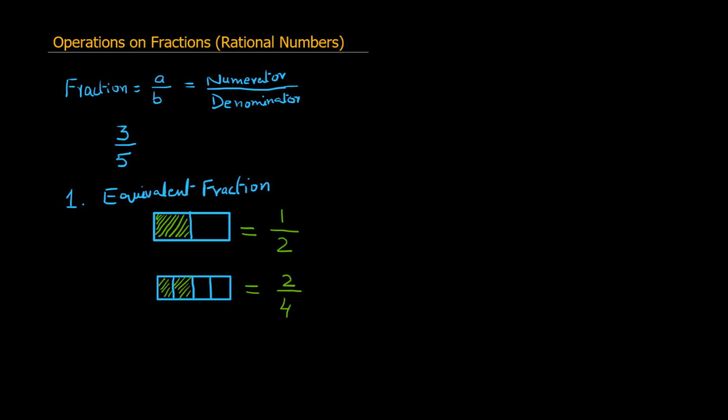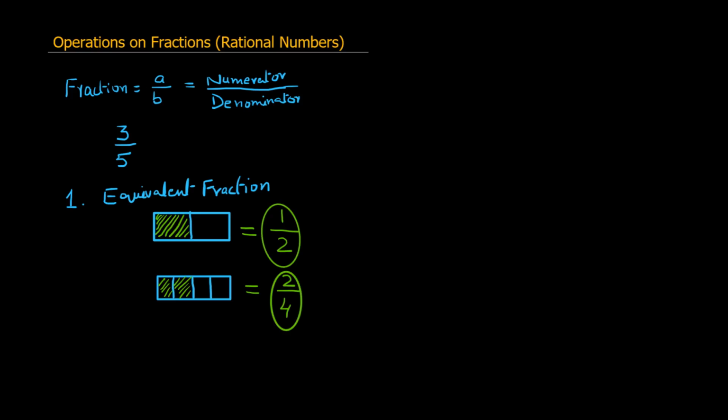So you can clearly see that both represent the same half of the rectangle, but we are representing it in two different forms. So this fraction and this fraction, although they are represented differently, represent exactly the same value. These two fractions are equivalent.